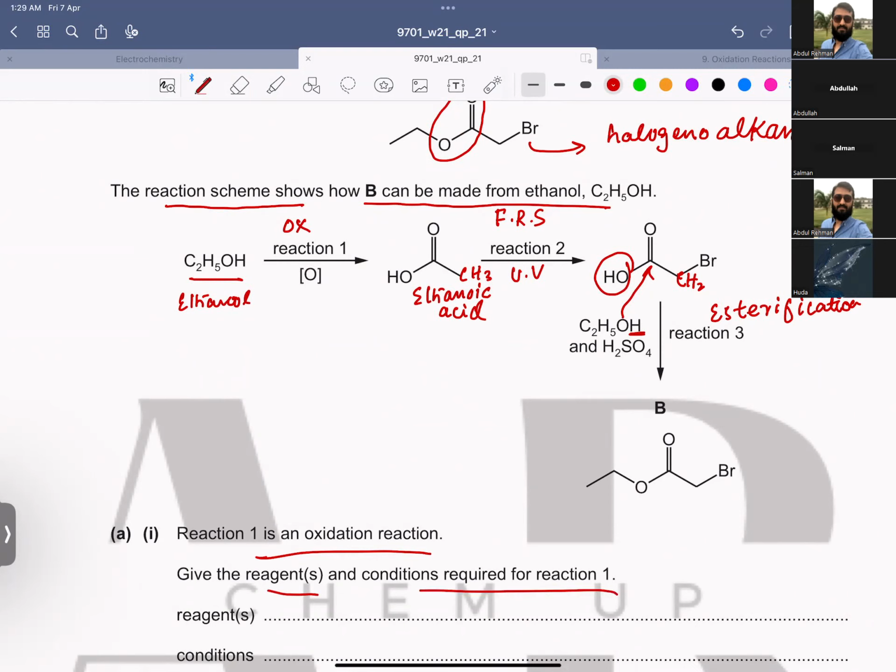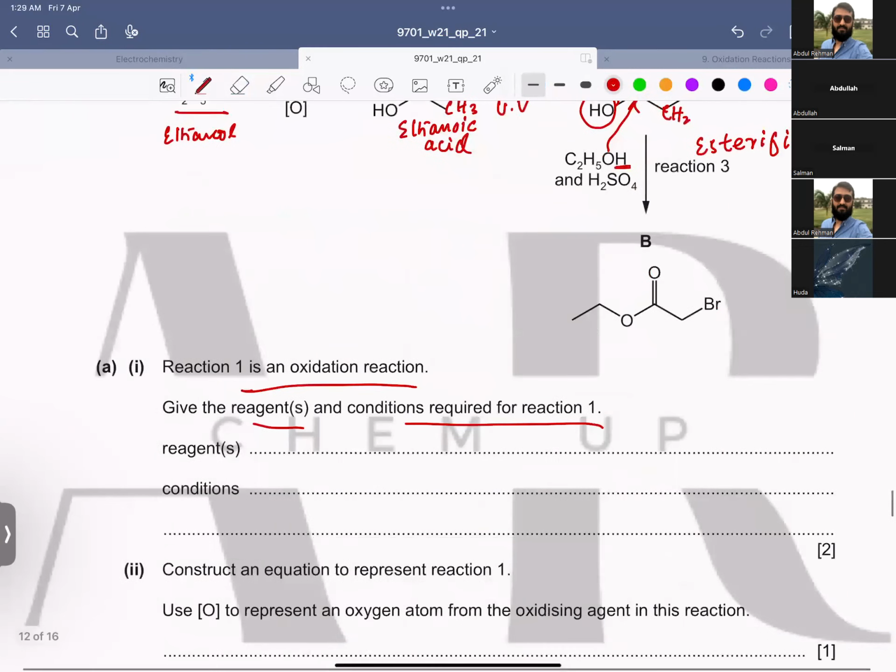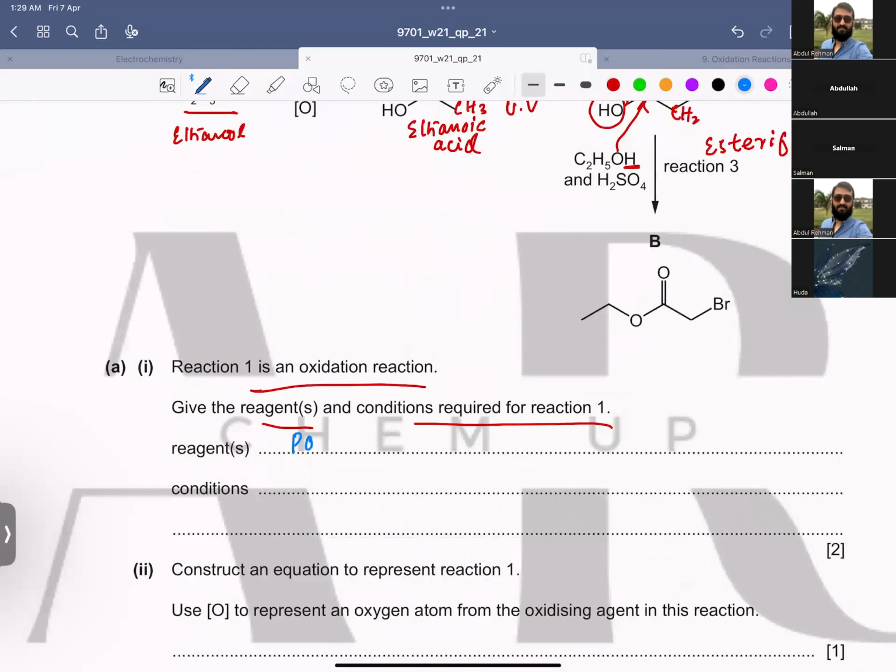So for reaction 1, the reagent would be potassium dichromate(VI).